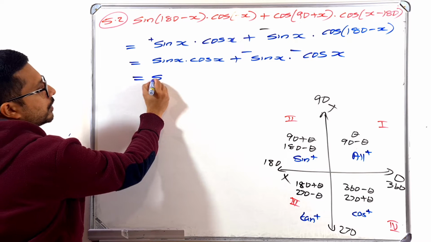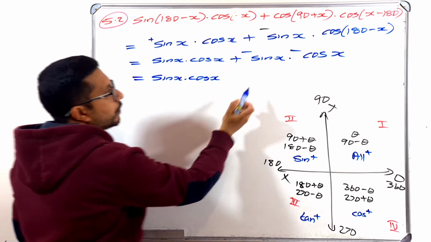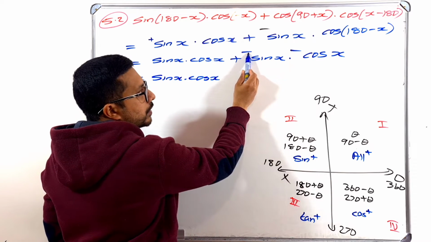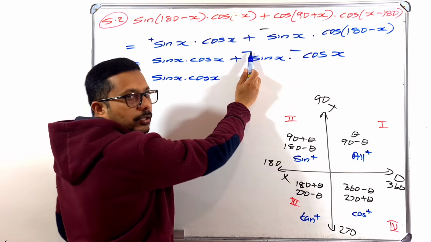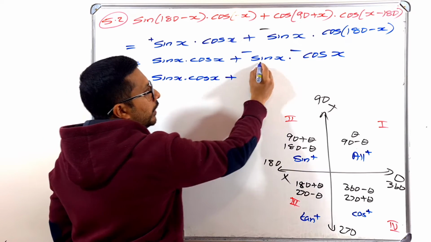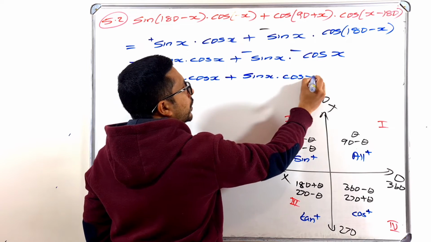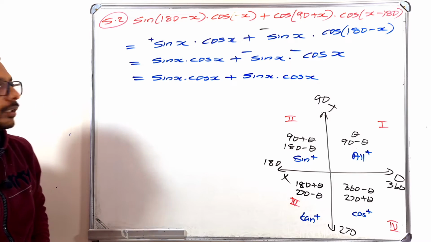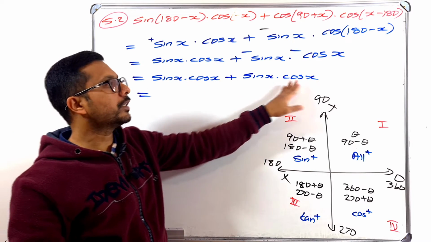Okay, so let's write one more step. This is sin x into cos x. Then look at this one, minus into minus, all of these are multiplication. Minus times minus is positive, positive into positive is positive. Then again sin x into cos x. So now look at this step, sin x cos x plus sin x cos x.